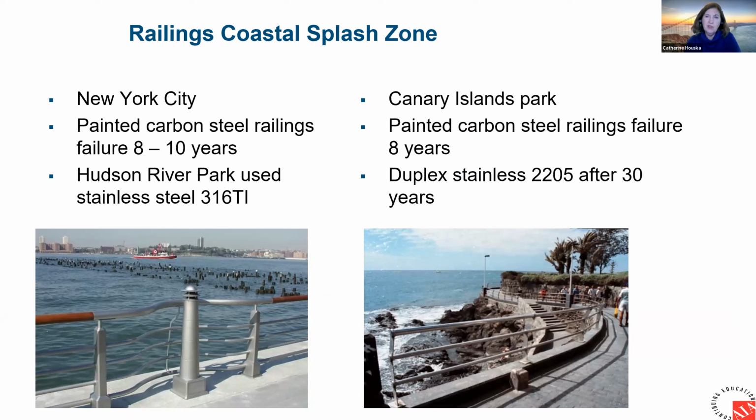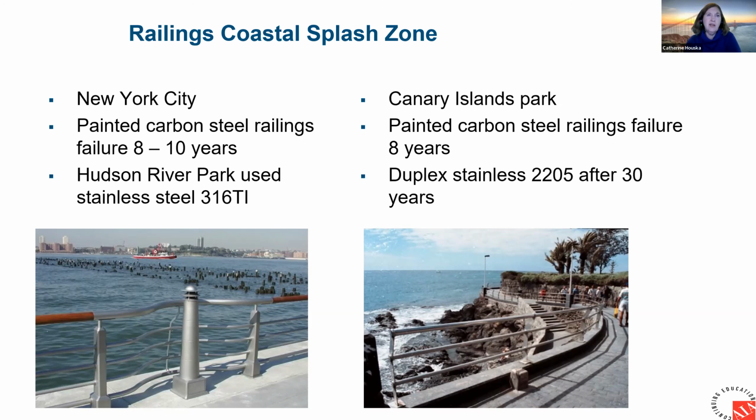So there has been a big shift towards using stainless steel for some of these applications. I'm showing a picture from Hudson River Park. That's 316 Ti. I should note that in areas where there is splashing, there is staining on those railings, but it's not going to affect the structural integrity. It just doesn't look as nice.